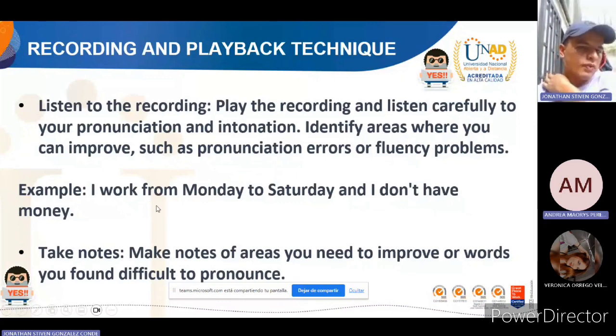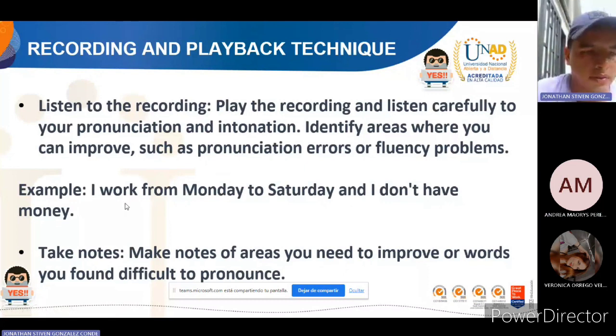Let's see this example. For example, I'm going to record this sentence. Okay, I said I work from Monday to Saturday, and I don't have money.